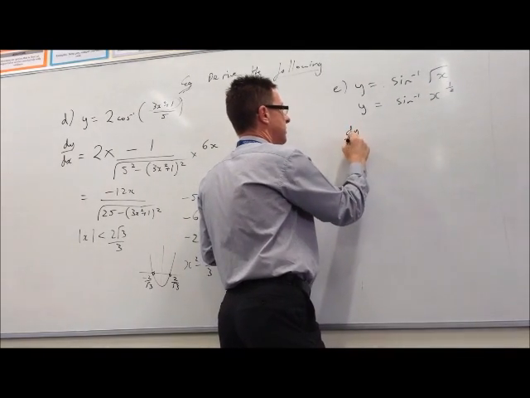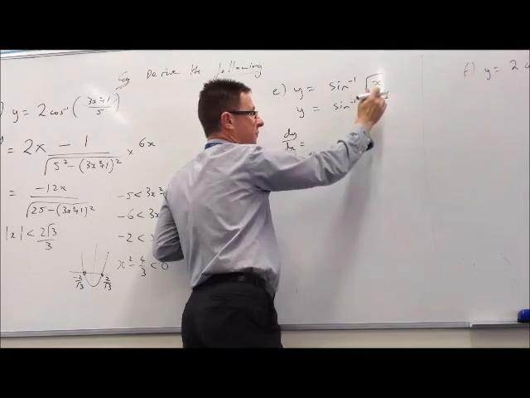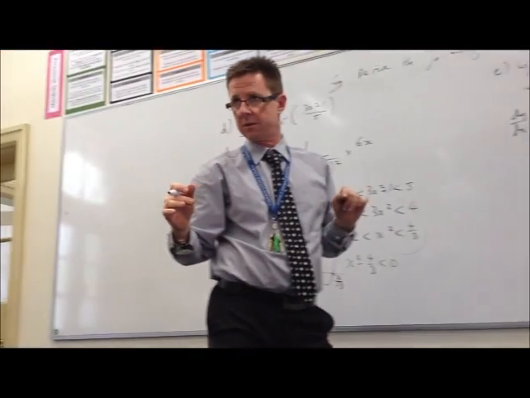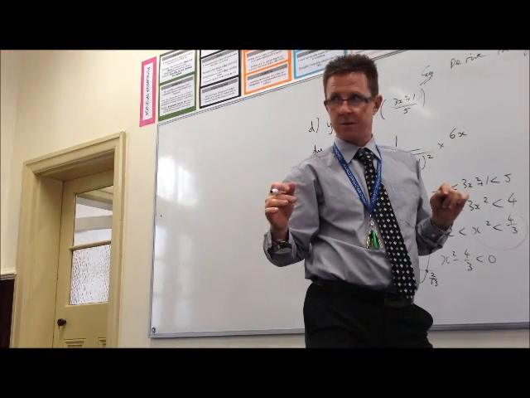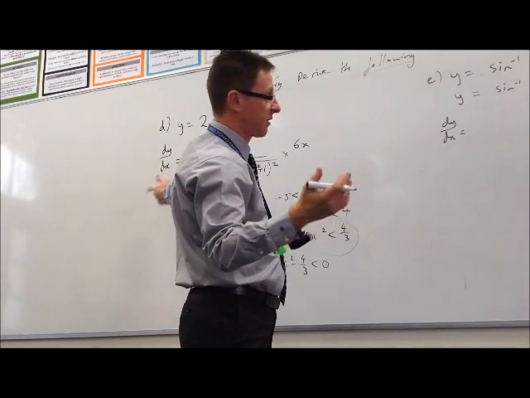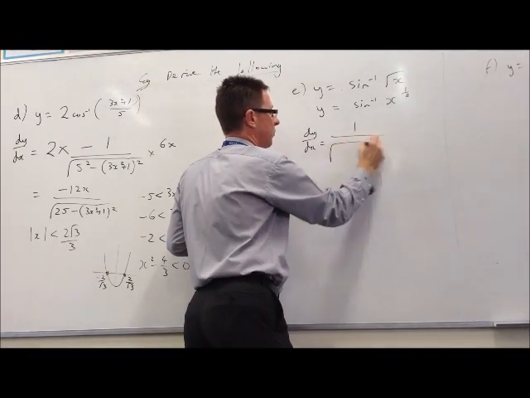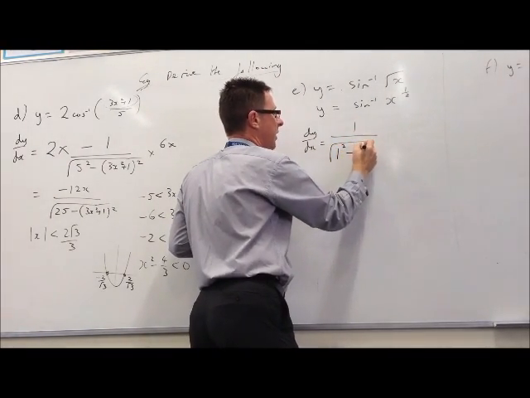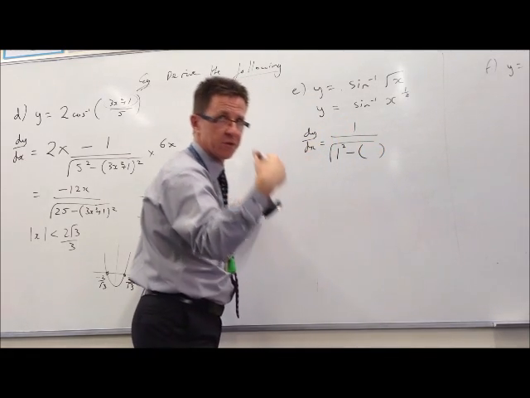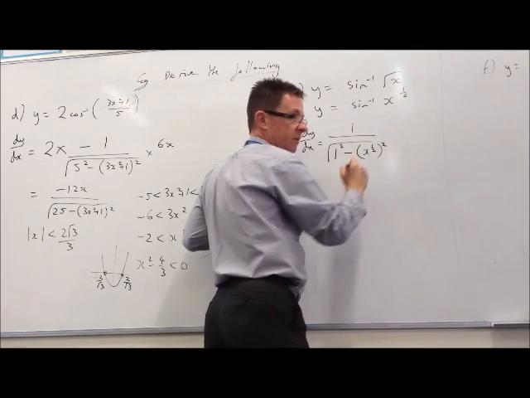dy dx equals the derivative of inverse sine. First of all, what is a? 1. Yeah? A is in the form x over a, so there is no 1 on the bottom line. A is 1. So 1 over root 1 squared minus whatever I've got, which is x to the half squared.